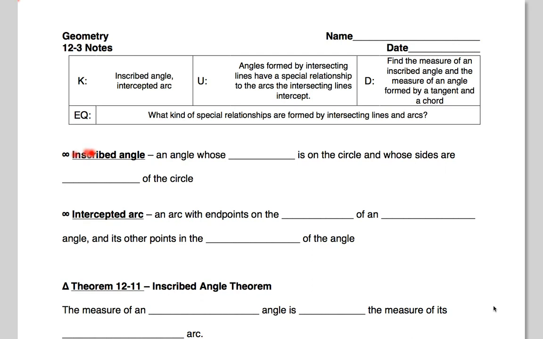So an inscribed angle. It's an angle whose vertex is on the circle and whose sides are chords.